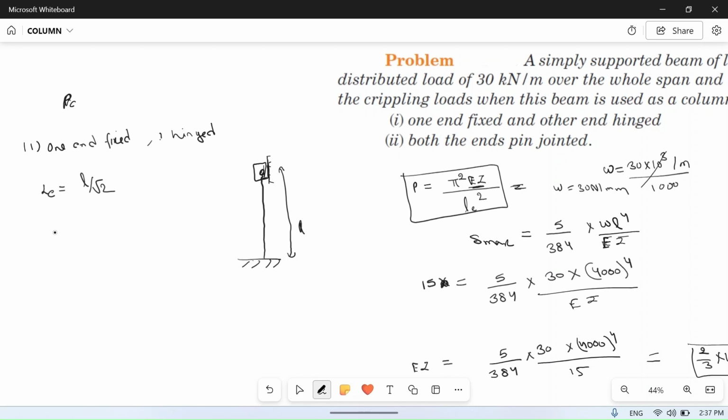So Euler's formula is P is equal to pi square EI upon L effective square. If you put L effective as L by root 2 square, it will become 2 pi square EI divided by L square. So this is the formula for the first case.